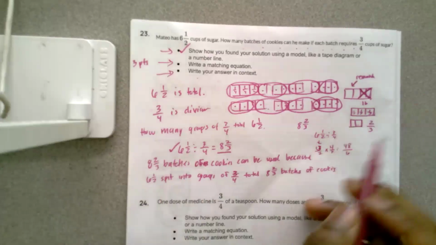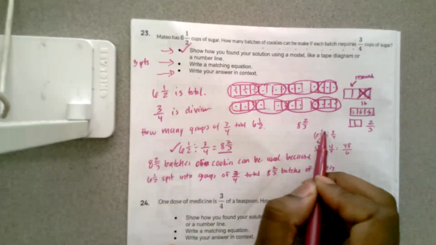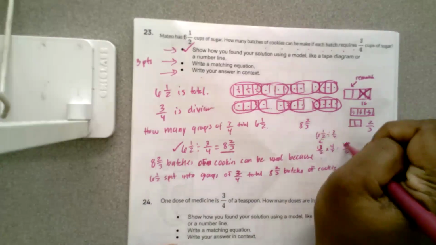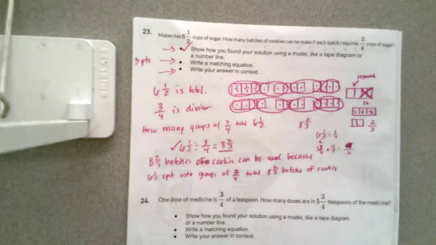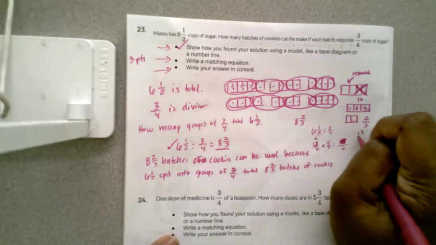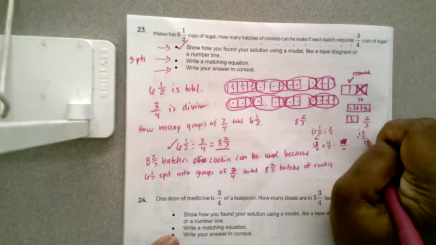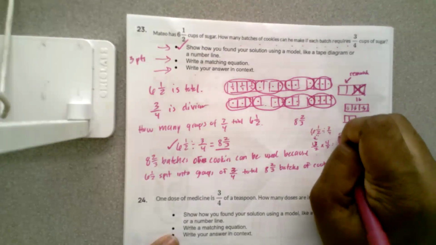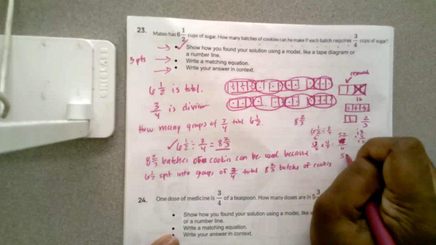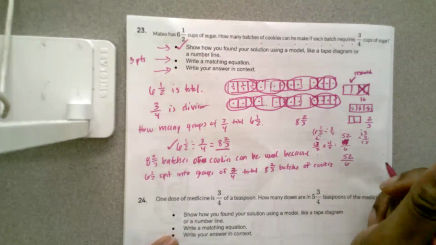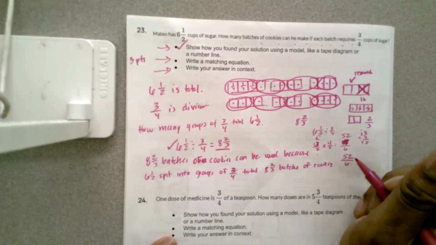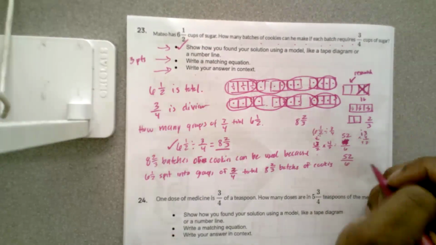See, that's why you've got to double check. 6 times 2 is 12 plus 1 is 13/2. So 13 times 4 is 52/6, right? And the greatest common factor is 2.